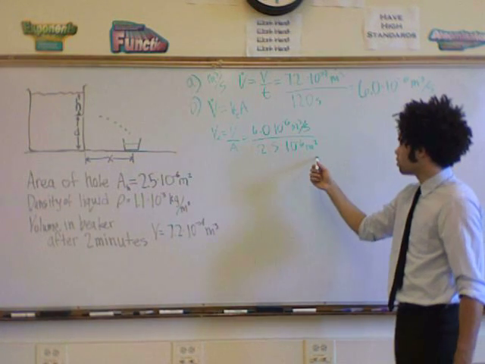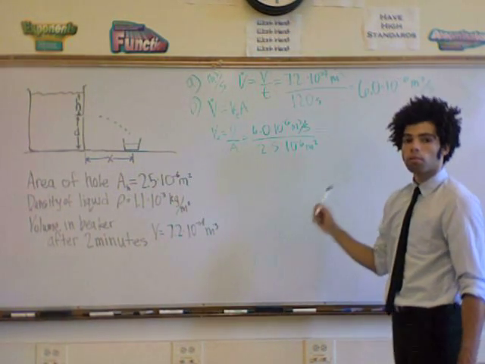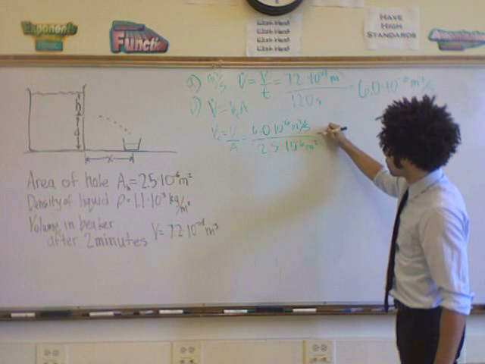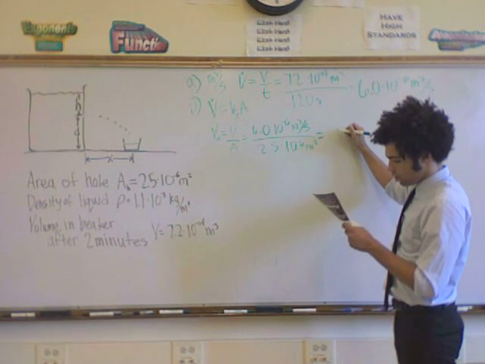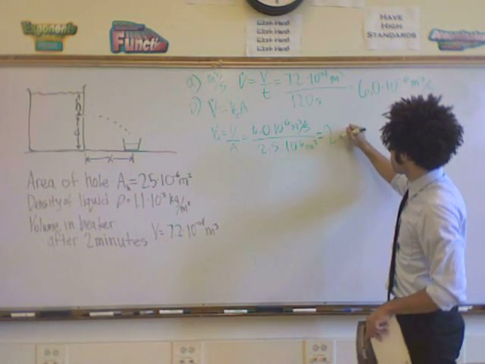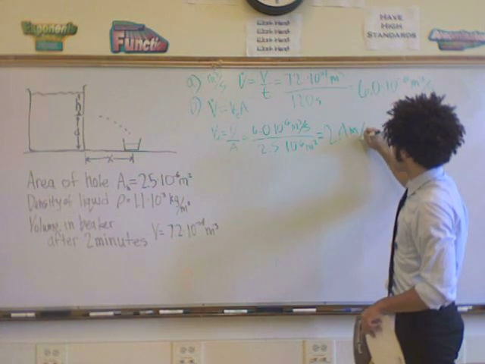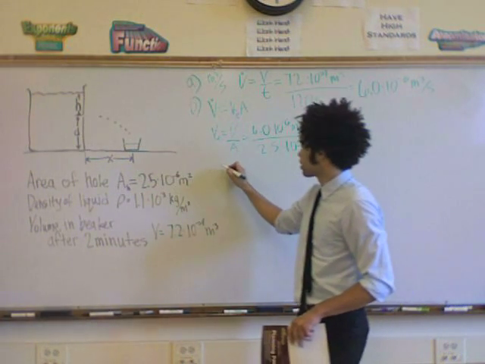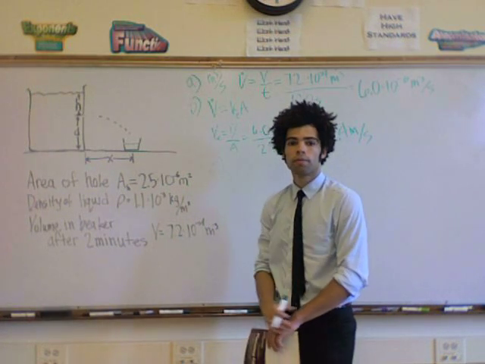Now, look at that. Our units are going to cancel out perfectly to give us meters per second. This gives us 2.4 meters per second. Great. Moving on to part C.